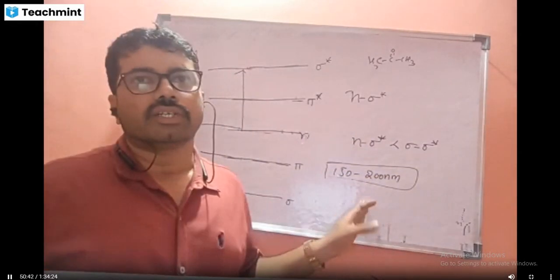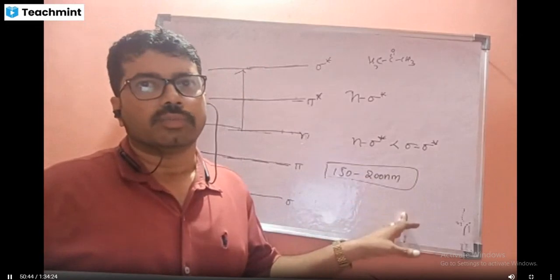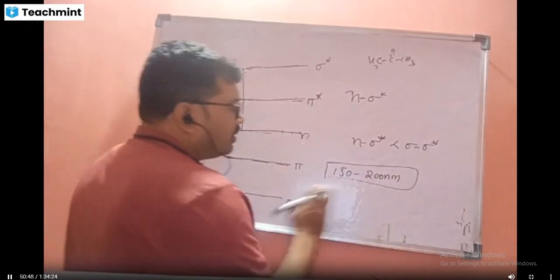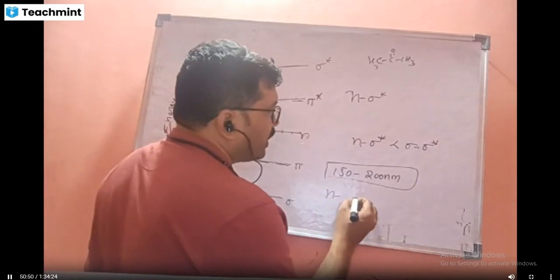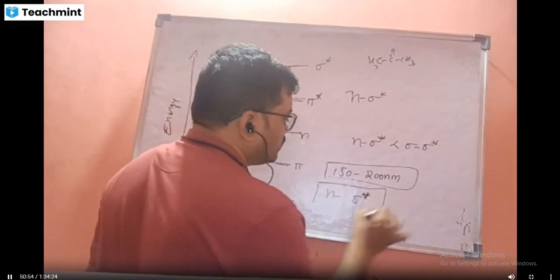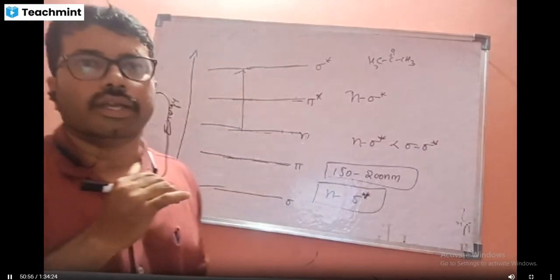The number of organic functional groups with n to sigma star in the UV region is small. Actually, this type of transition is also very rare.